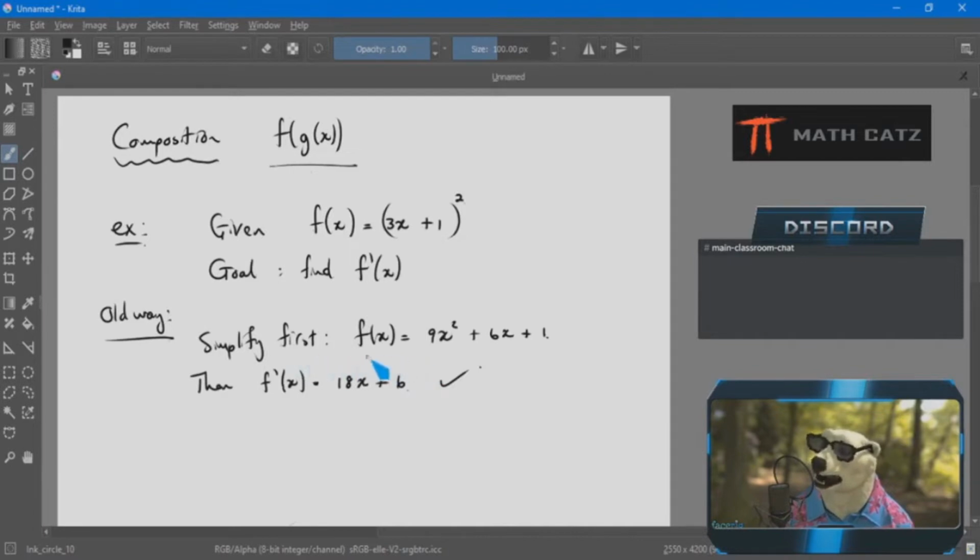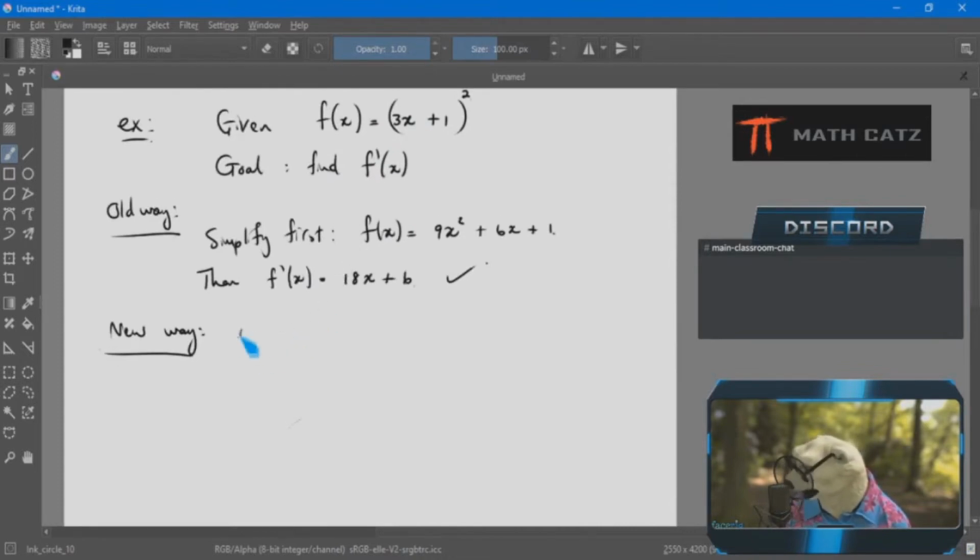If I don't have an option or it's too time consuming, too much work to simplify first, what do? The new way is to identify this as a function of a function.